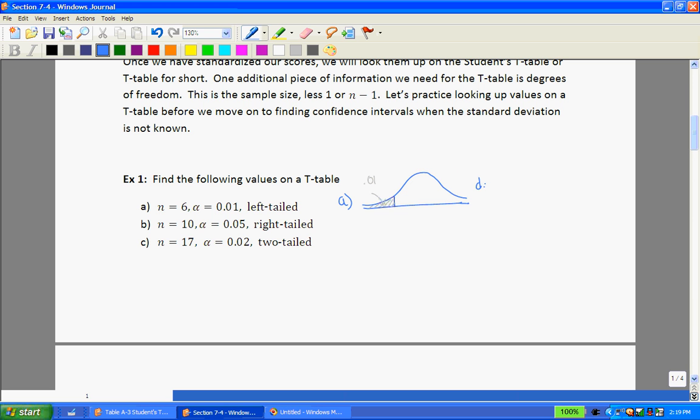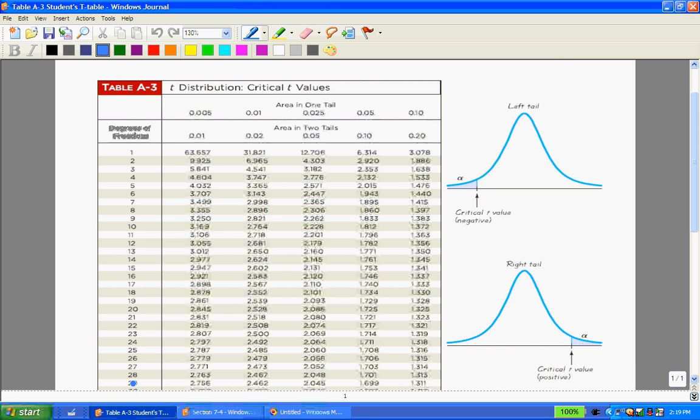Remember, we also need the additional information of degrees of freedom. And here that will be 6 minus 1, or 5. So now I go to my student's t-table, and this is located in the back of your book in the appendix, or with the tear-out card that comes with your book. So degrees of freedom are 5, and notice that's the first column here on the side.